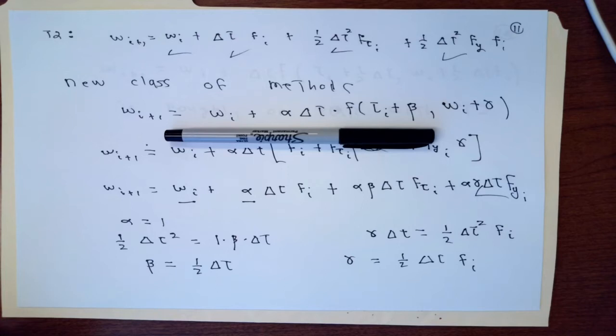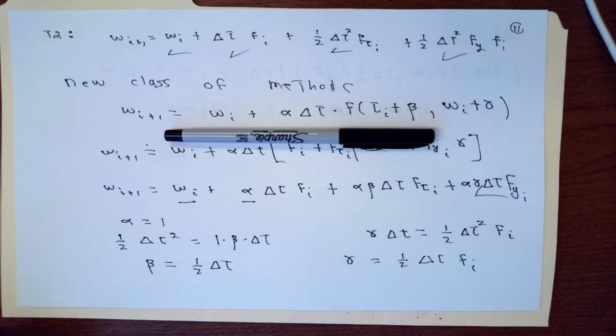w_{i+1} equals w_i plus a constant alpha times delta t times f, but f is not evaluated at t_i, w_i. We evaluate the time at t_i plus some number beta, and in the y slot, instead of putting w_i, we put w_i plus gamma.